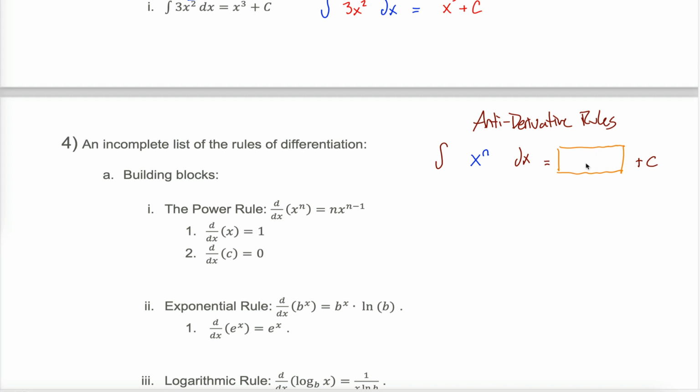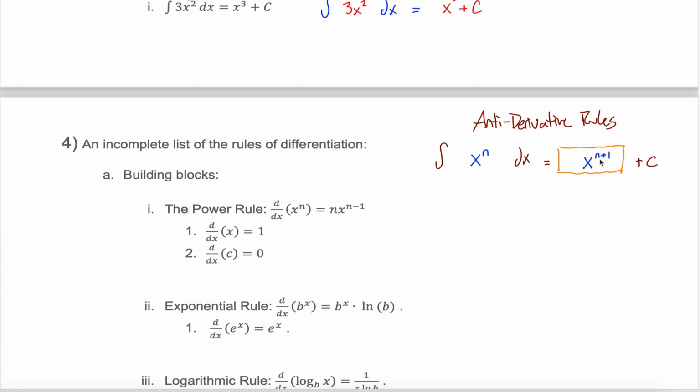So if you think about taking the derivative of what's inside this box, the expression is going to look like x raised up to some power, but that power will not be the n power. You're like, right, it'll be the n minus 1 power. No, because if we're taking the derivative, we subtract 1 from the exponent. So when we're taking the antiderivative, we'll have to add 1 to the exponent.